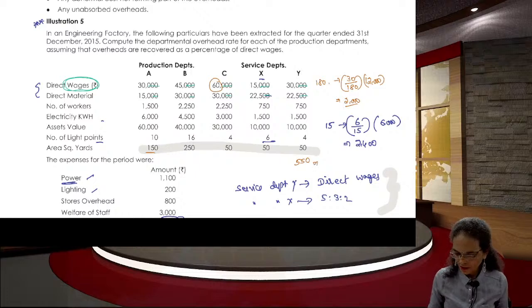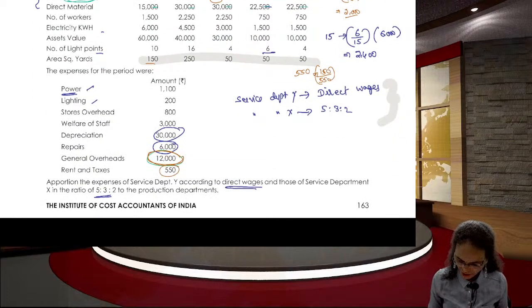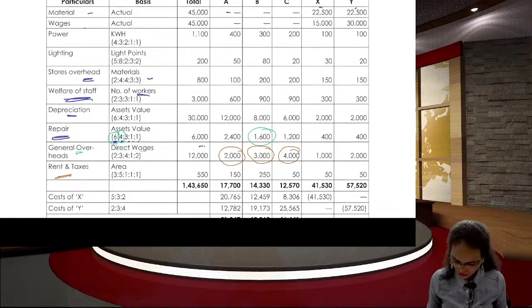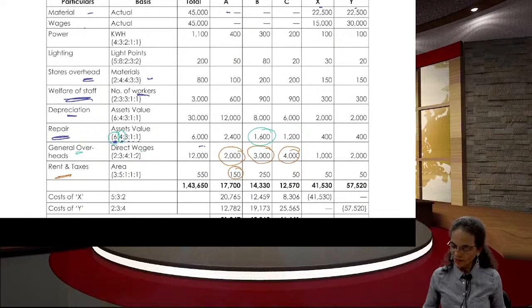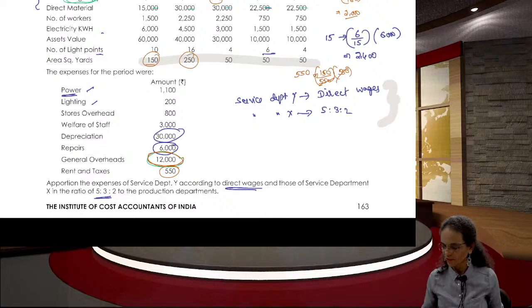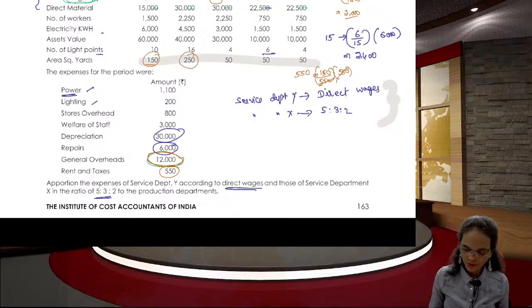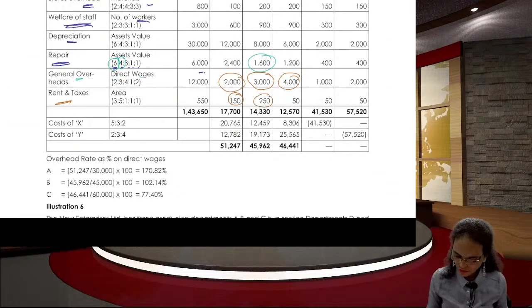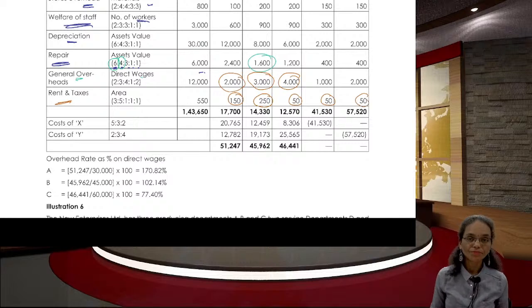How to allocate? 150 divided by 550 into 550, the 550 gets cancelled, 150 is the answer. Then 250, 50, 50, 50. Are you understanding?